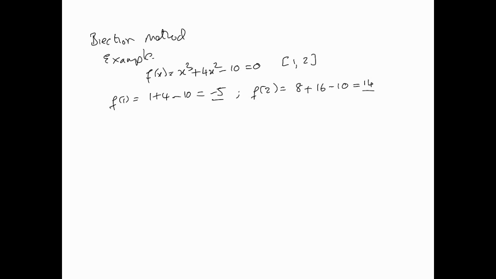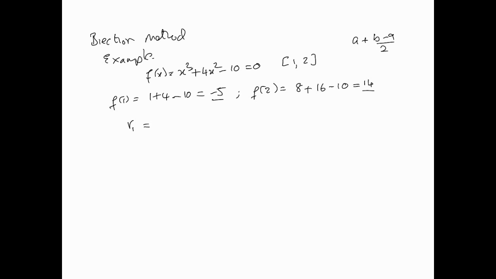So the way we proceed is to calculate our first guess at the root. We'll call it R, and we'll call it R1. Our first guess at the root is the midpoint of 1 and 2, and the way we calculate it, remember, is the formula A plus (B minus A) over 2.